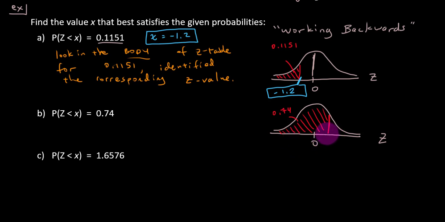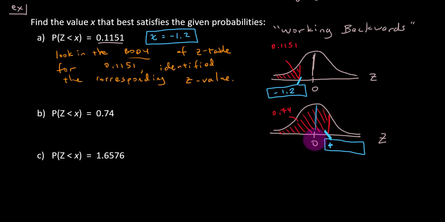And again, we want to find this tick mark in blue. But this time, can we expect, is the z value going to be negative? No, it should be positive. Look, it's to the right of 0. Because this area is greater than 0.5 in the left, but it starts out in the left tail, so it has to cross this axis where 0 lies.